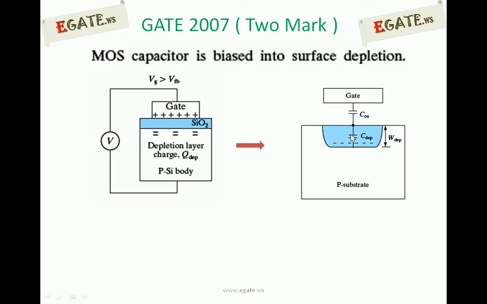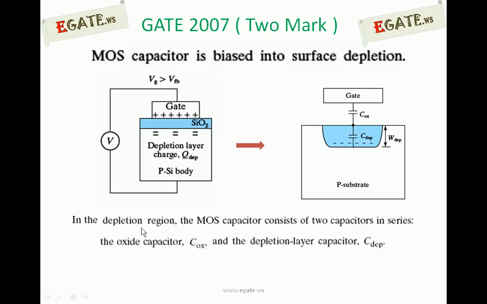That implies the overall effective capacitance is reduced. As you apply more and more positive voltage, but less than the threshold voltage, this depletion region increases, so the effective capacitance reduces until the threshold voltage is applied.